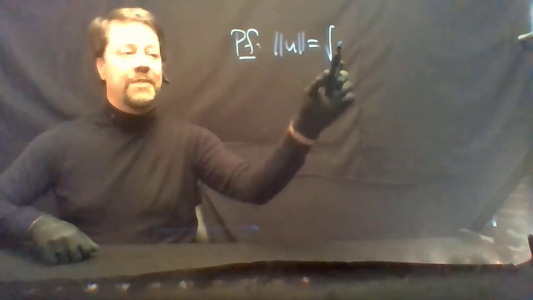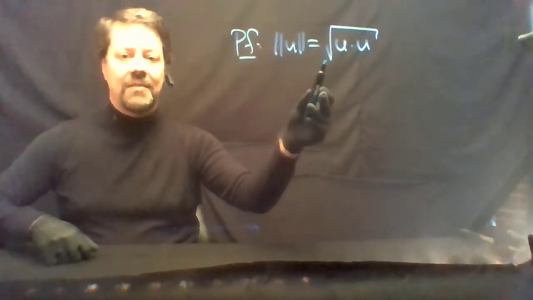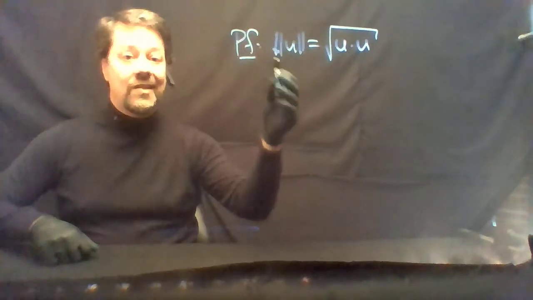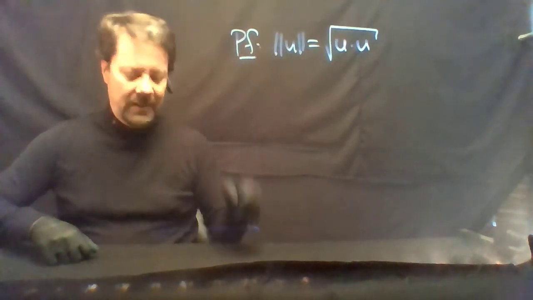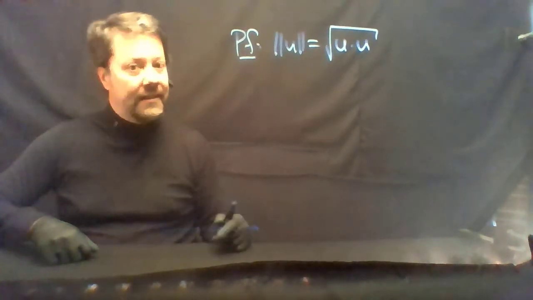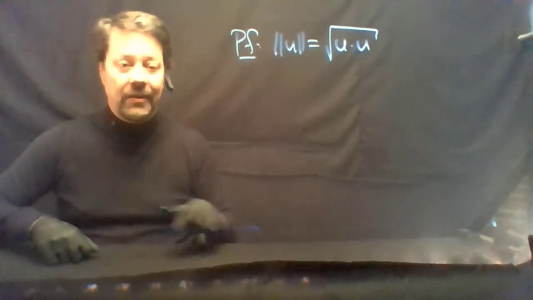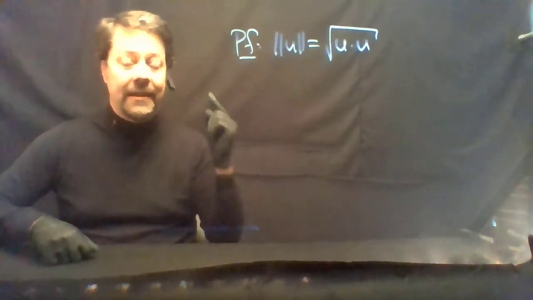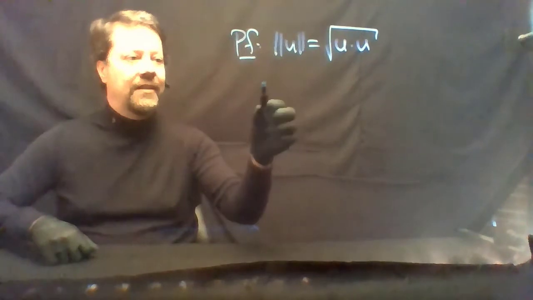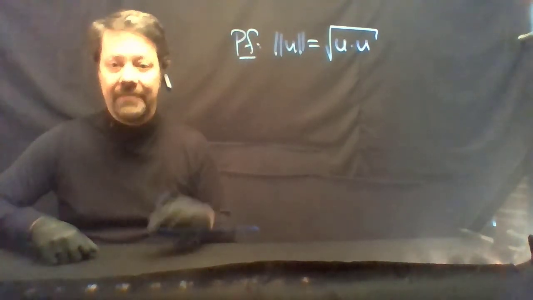In the proof, we can note that the norm of u is the principal square root of u dot u. This symbol, the radical symbol, is not any square root. If I hit this button on my calculator, plug in 4 and then hit that button, that's going to give me 2. It's not going to give me plus or minus 2. It's not going to give me the absolute value of 2. It's just going to give me 2. If I plug in 9, hit that button, it gives me positive 3.